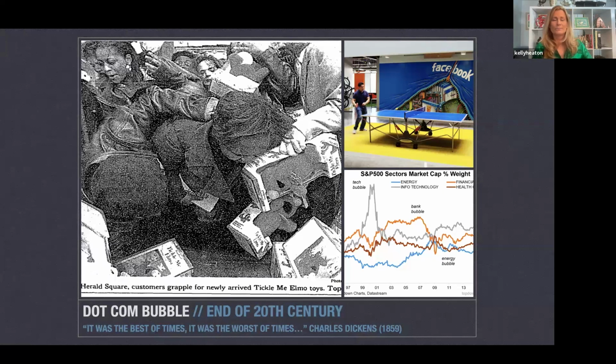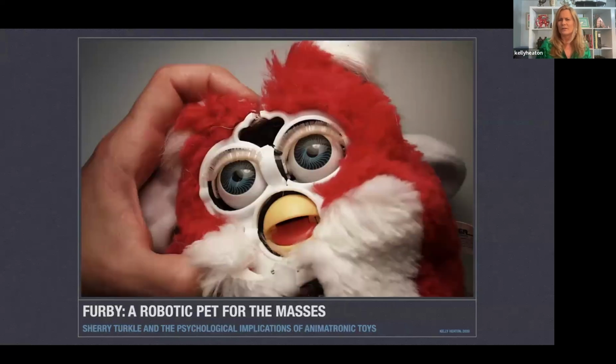And meanwhile, there was this crazy consumerism going on. The picture you see here on the left is people rioting and beating each other up at Walmart or something to buy Tickle Me Elmo. It was just such a crazy period of time.